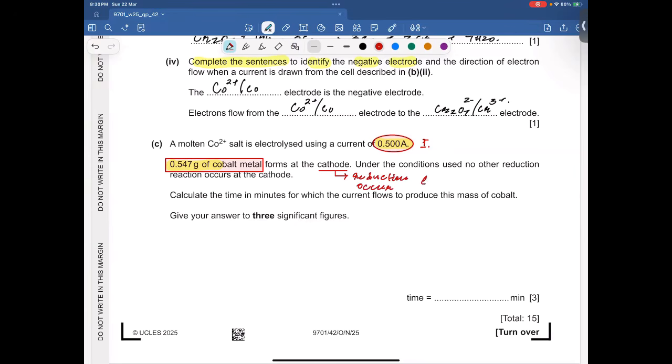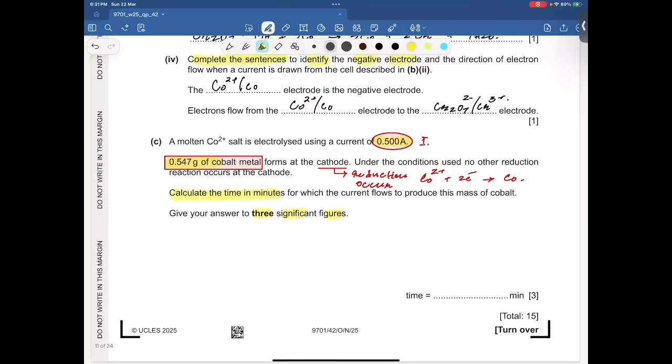That means cobalt 2+ ions will gain electrons and convert into cobalt metal. So I'm going to use this equation for this calculation. Calculate the time in minutes. The answer is to be given in three significant figures.